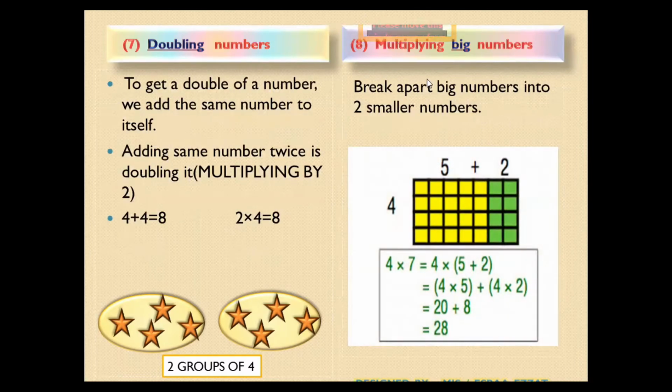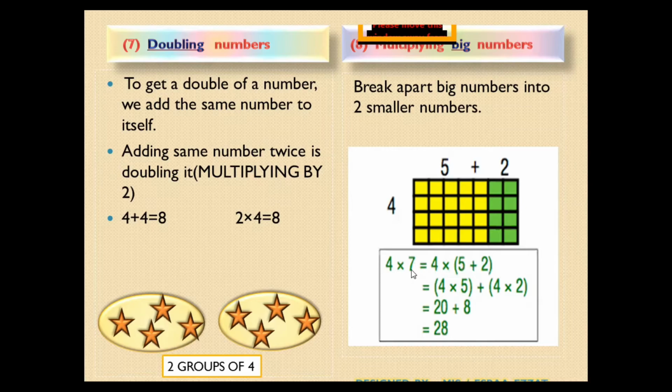Okay, here we have another example. Here I want to get the product of 4 by 7. Okay, 7 here is the big number. We can break apart 7 into two smaller numbers. Here in this example, we break apart number 7 into 5 plus 2. 5 plus 2 equals 7.